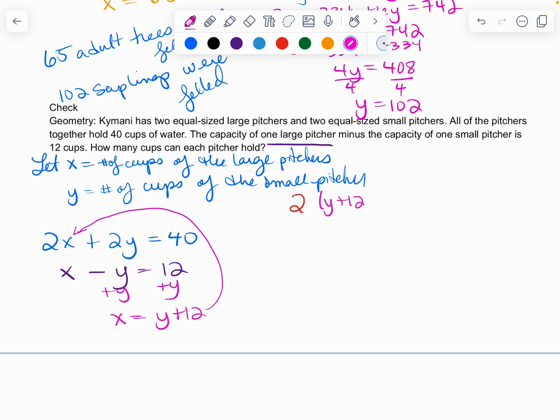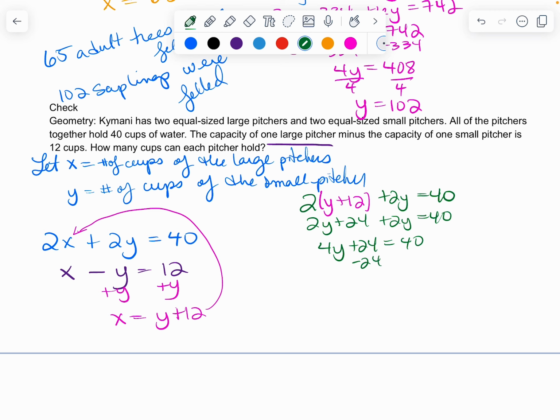I guess I should use a different color. Maybe I should use like green or something. There we go. And then plus 2y equals 40. So 2y plus 24 plus 2y equals 40. So 4y plus 24 equals 40.